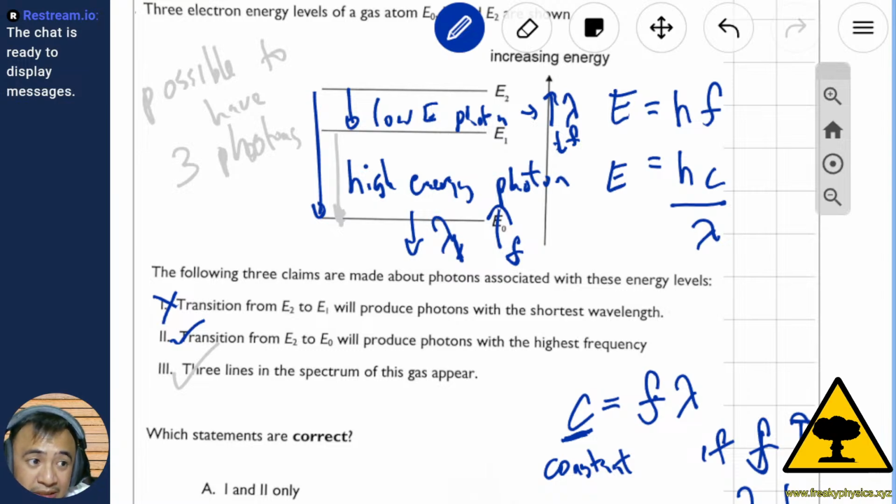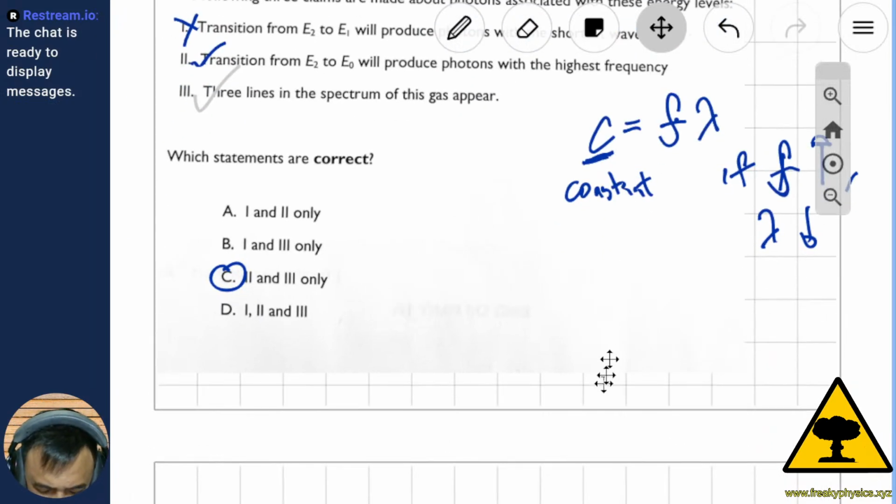No, energy and frequency should be the same. Low energy, low frequency. It's the wavelength that would go the other way. All right, is everything clear there? Yes. All right, so let's move on.